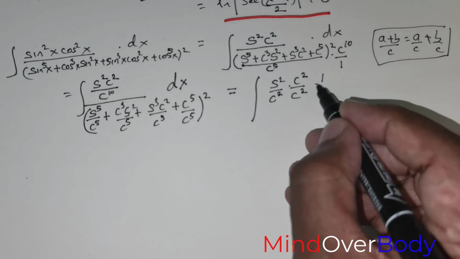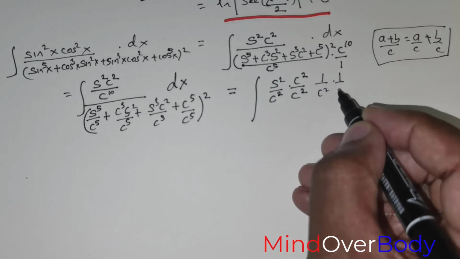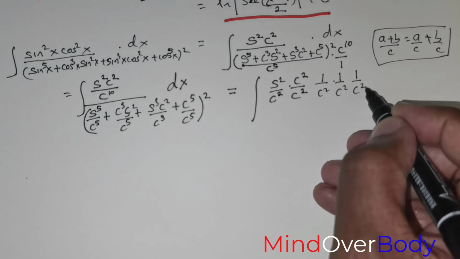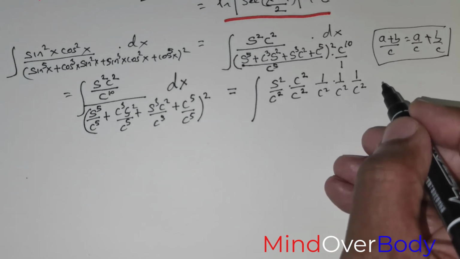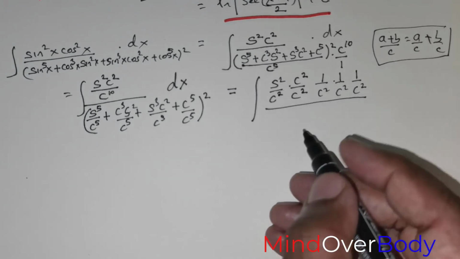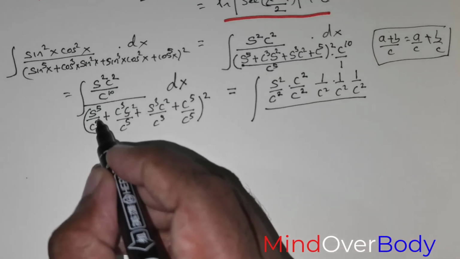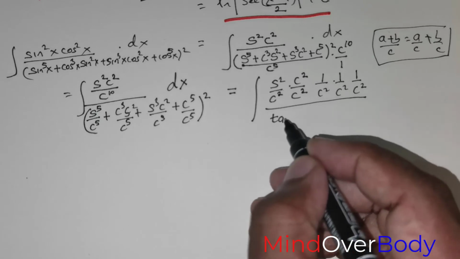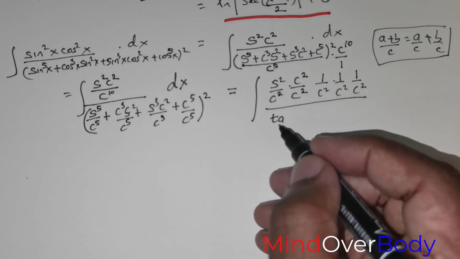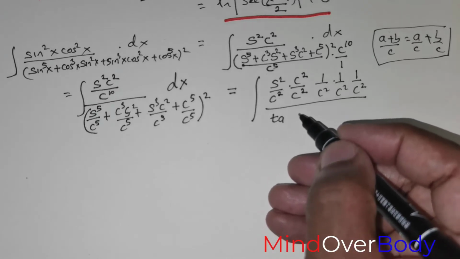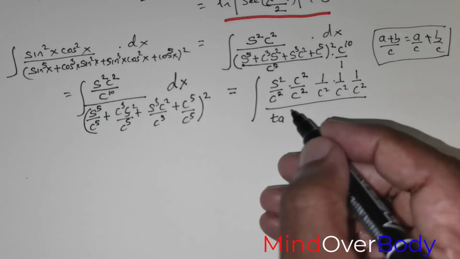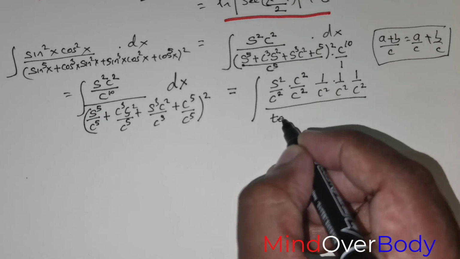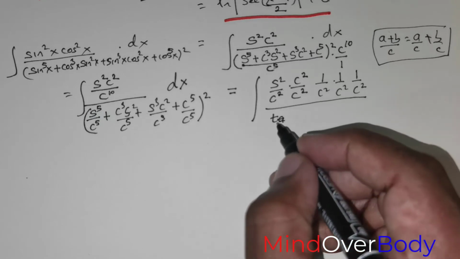So I got 3 more c squared, so it's going to be 1 over c squared times 1 over c squared times 1 over c squared, that is divided by s over c, that's nothing but tan, right? Now instead of writing tan I should have written it as t, so I need to strike that off.